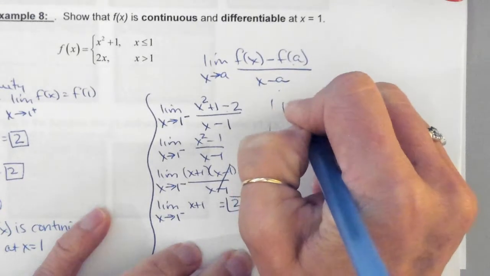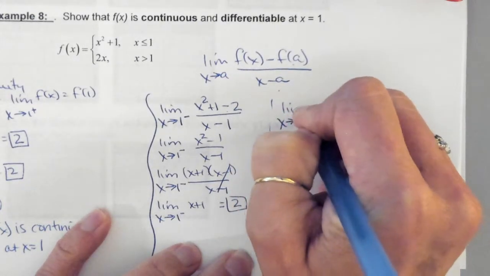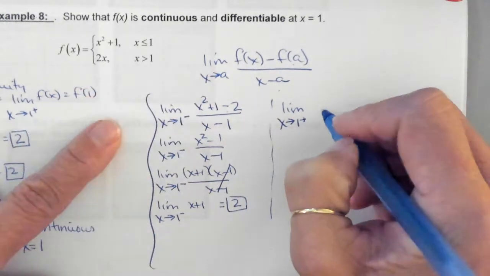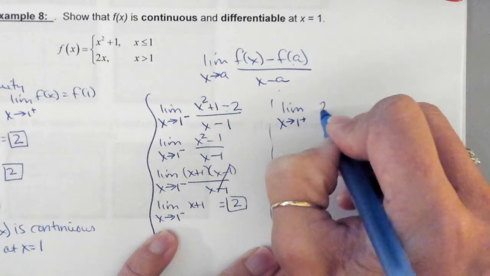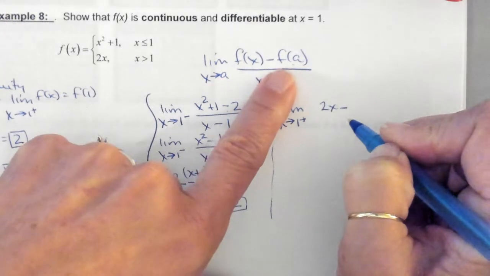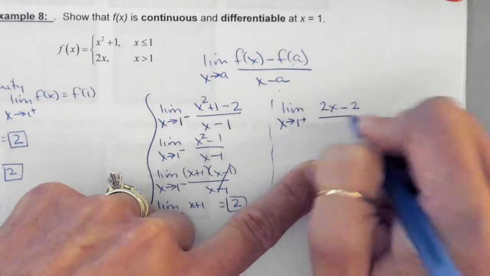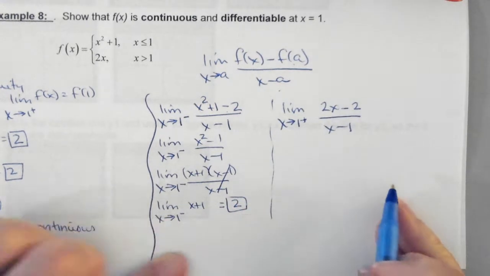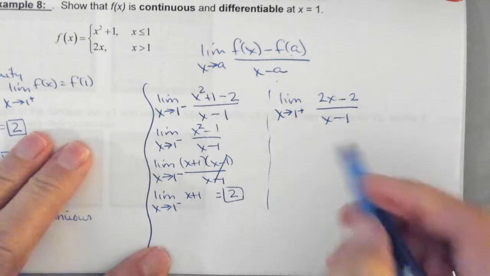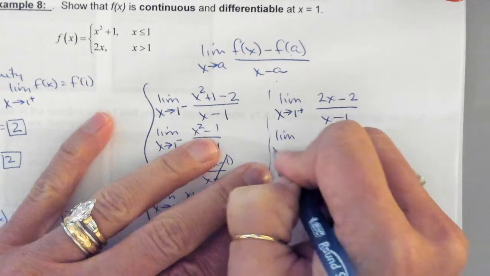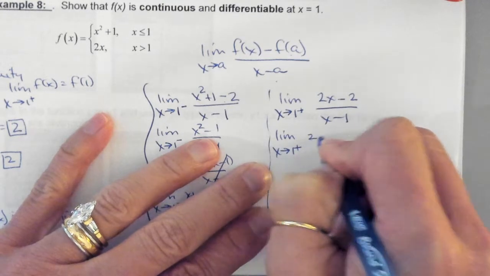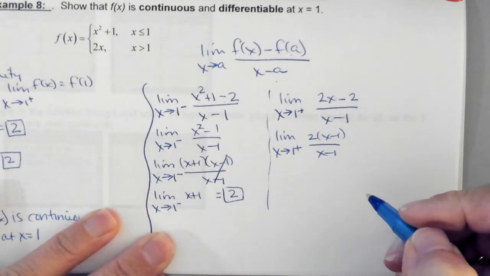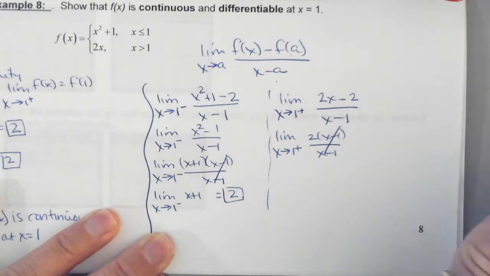It's the limit as x approaches 1 from the right. What's my function from the right? 2x minus f of 1, which is 2, over x minus 1. What should I do? Just factor. Limit as x approaches 1 from the right, 2 times x minus 1 over x minus 1. What happens? Gone.